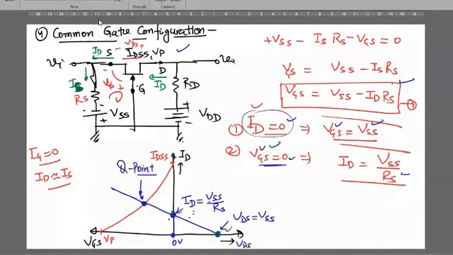Once you have noted these 2 points, you can draw a straight line passing through them, and you can collect the Q point. So these 2 conditions are applied to find the Q point.